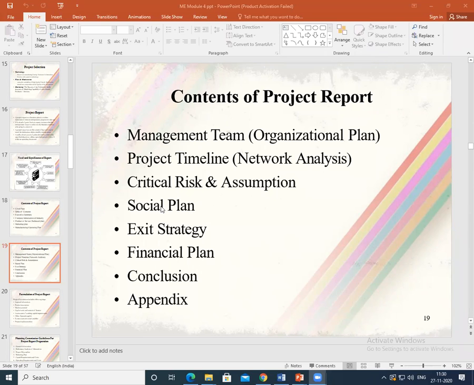There should also be an exit strategy. In case the project fails, what should be the strategy to switch over? That is called an exit strategy. And also we will have a financial plan. The financial plan basically deals with the capital infrastructure.